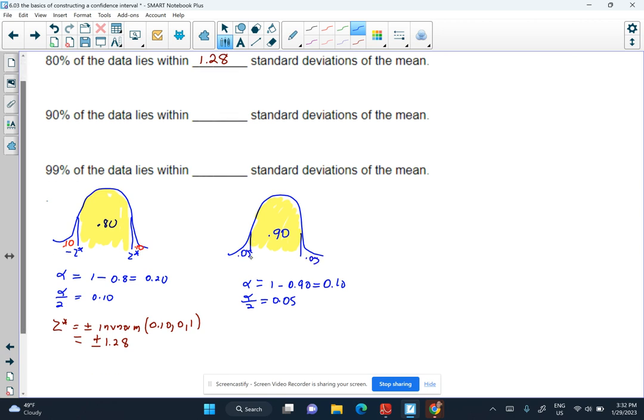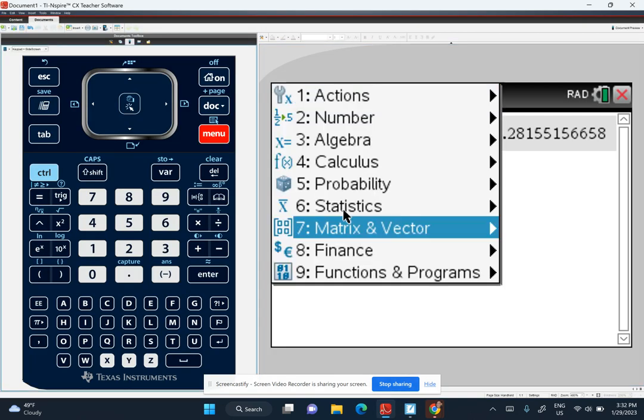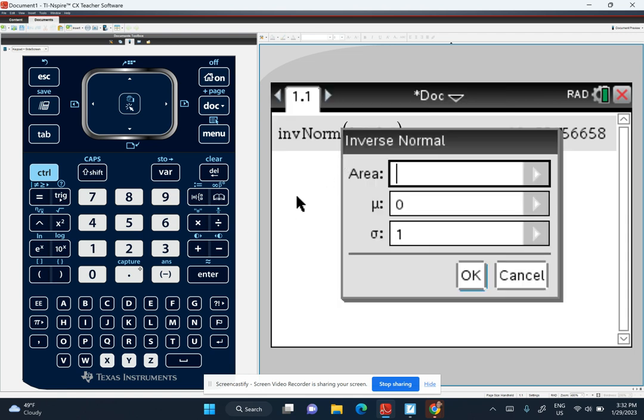So to get the critical values, and we represent the critical values with an asterisk, you're going to do plus or minus inverse norm, 0.05, 0, 1. So it's menu, statistics, distributions, inverse norm, and 0.05.